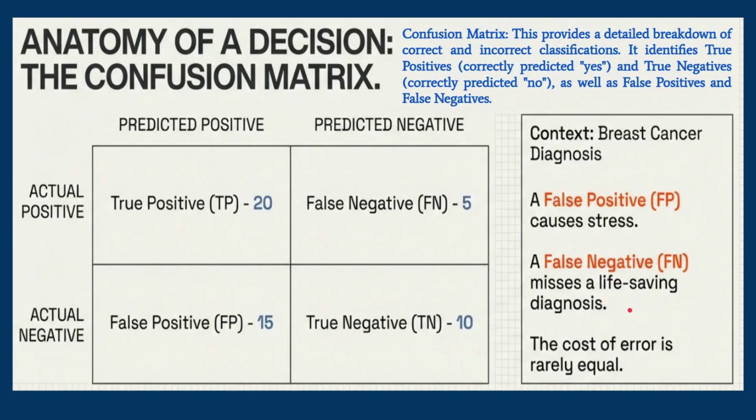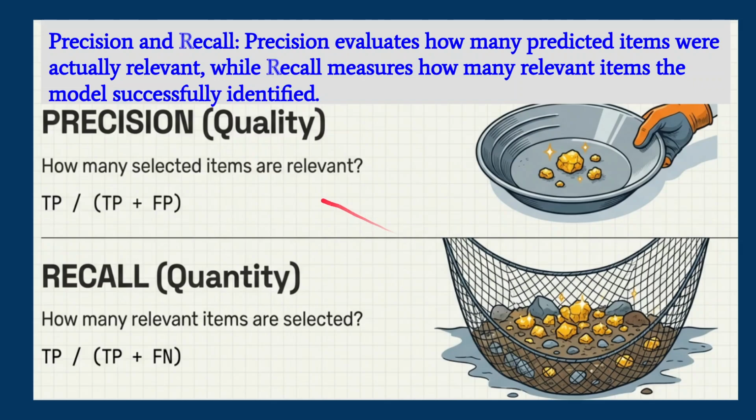Okay, so the next term is precision and recall. Precision evaluates how many predicted items were actually relevant, while recall measures how many relevant items the model successfully identified. The picture clearly says that precision is the quality: how many selected items are relevant?